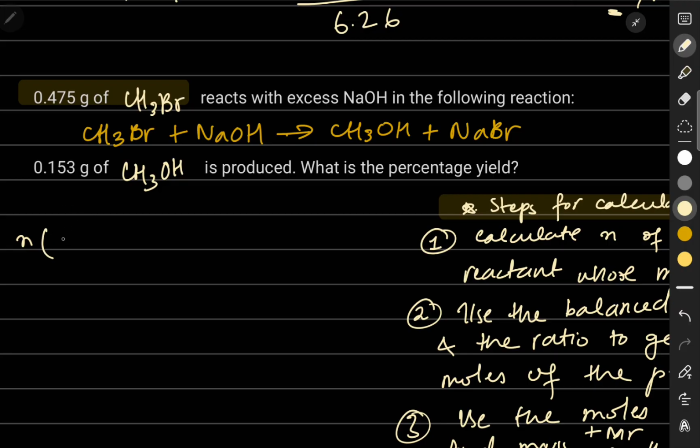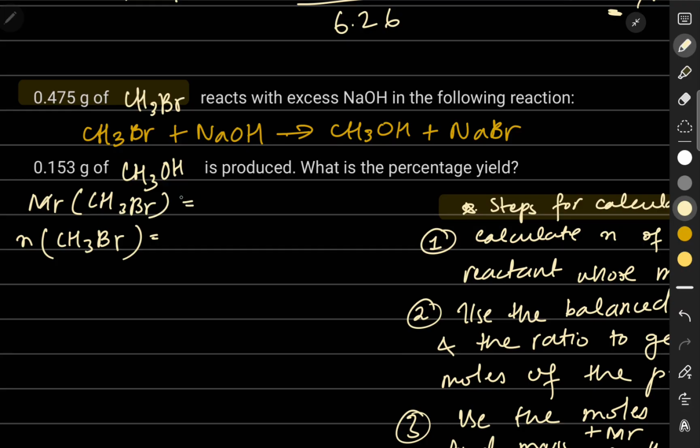So I'm going to find the moles of CH3Br because its mass is given and it's a reactant. So I can find the moles using the M over MR formula. For me to be able to use that formula, I first need to work out the MR of CH3Br, which I have already done for you guys so we can save time.